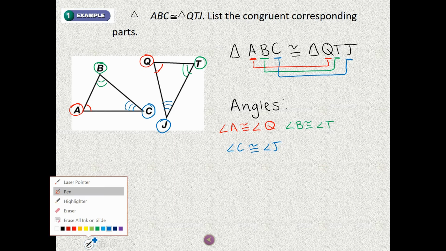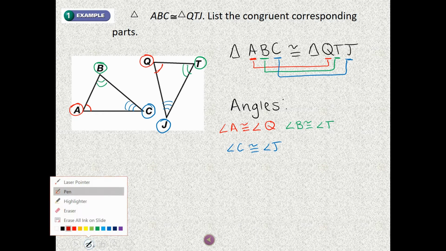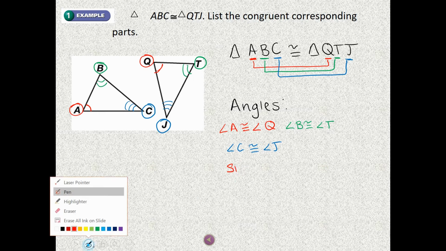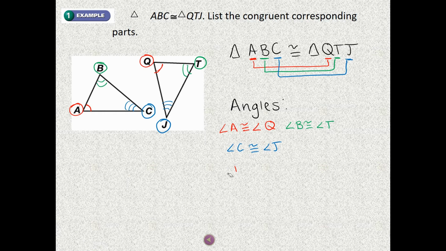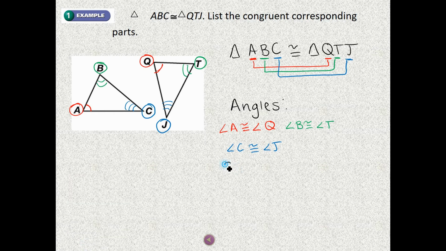Now we can do the same thing for the sides. So if I'm listing my sides that are congruent, I could say that AB is congruent to QT.